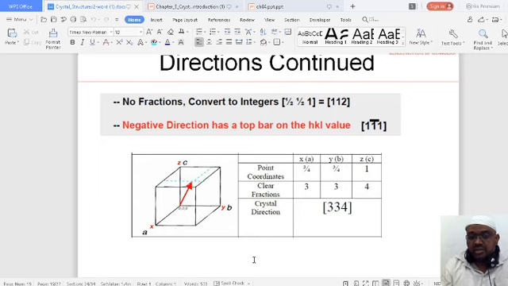We convert those values into integers, and that comes to be 1, 1, 2. And if the intercepts of the given plane are in the negative direction, we indicate that negative direction with a bar.